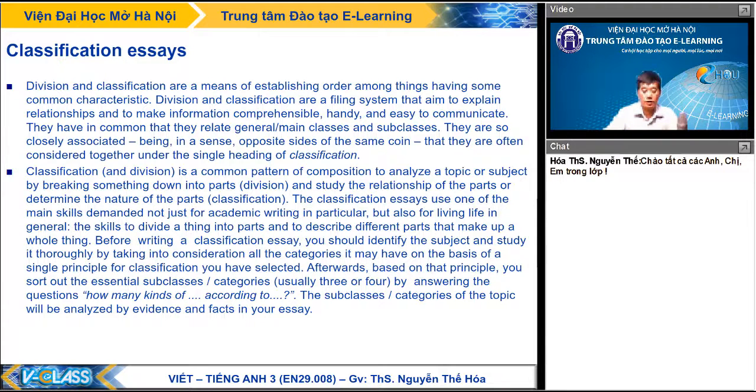So before writing a classification essay, you should identify the subject and study it thoroughly, taking into consideration all the categories. Afterwards, based on the principle, you sort out the essential subclasses or categories.